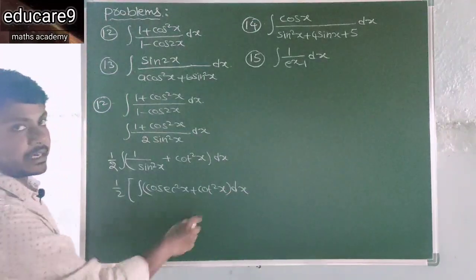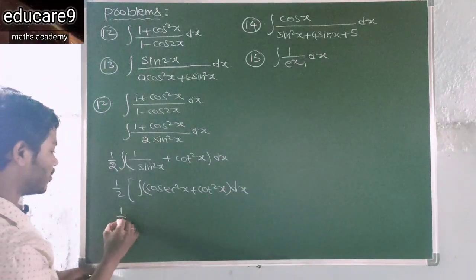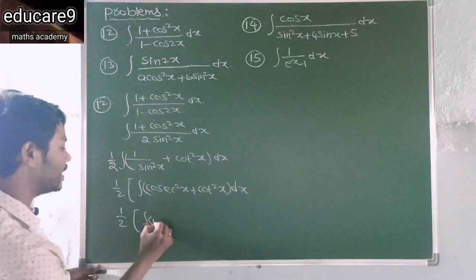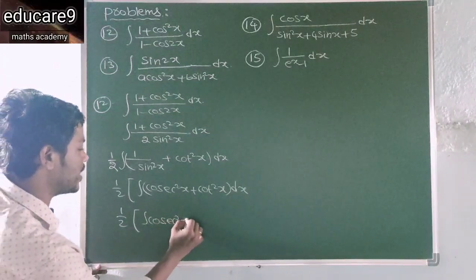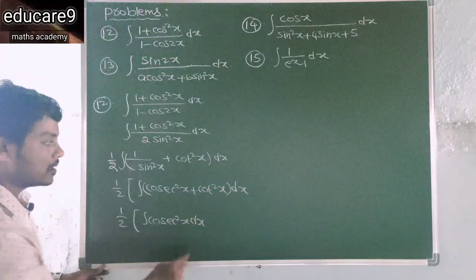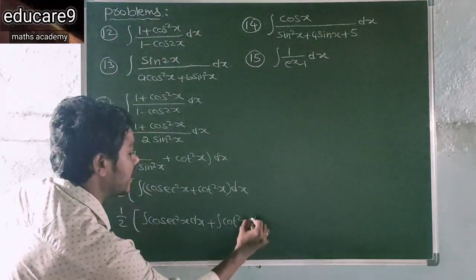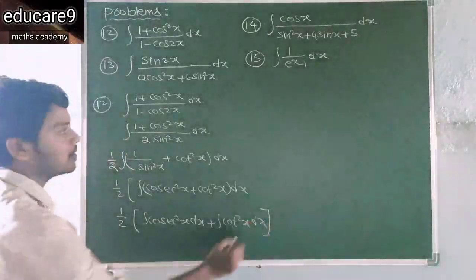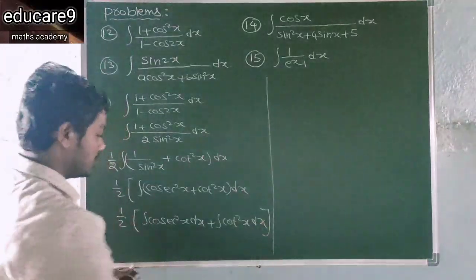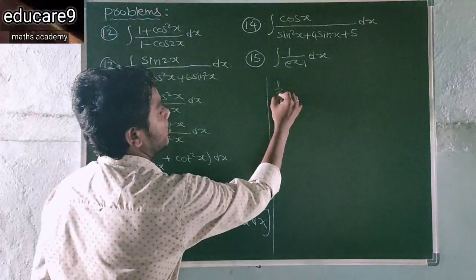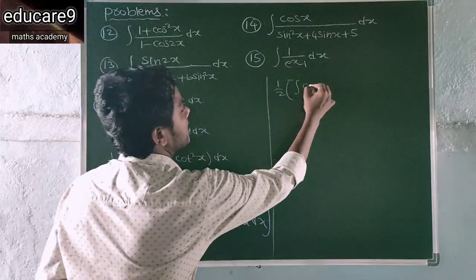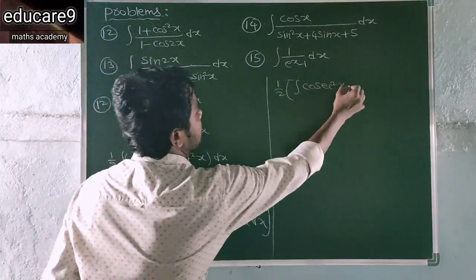Now separate the integration. What you get? 1 by 2 into integration of cosec square x dx plus integration of cot square x dx. Okay. Now this is 1 by 2 into integration of cosec square x.